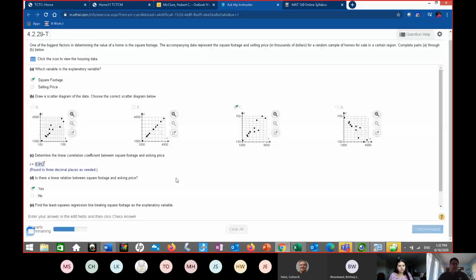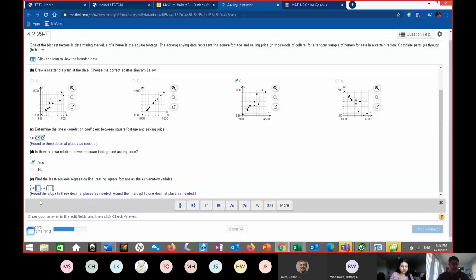Find the least squares. Well, somebody give me, I don't have it in front of me. Give me the slope, and they want the slope to 3 decimal places. What we said it was what? 0.154. Okay, and what was the y-intercept? 21 point.